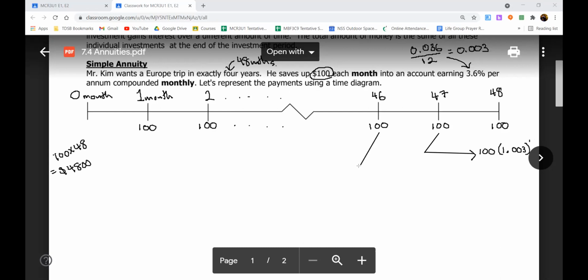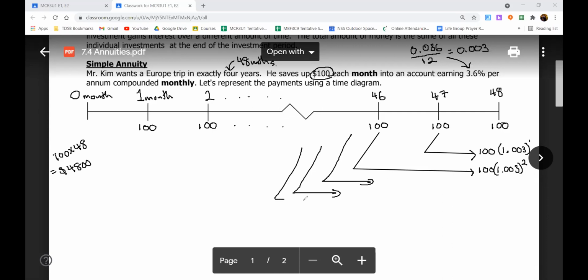Under that same context, think about how much interest the 46th payment was, right? It had 2 months to grow in interest. So it would be multiplied by 1.003 and then multiplied by 1.003 again, which means I am multiplying it by that squared. And then there's another one, the 45th month, the 44th month, the 43rd month.